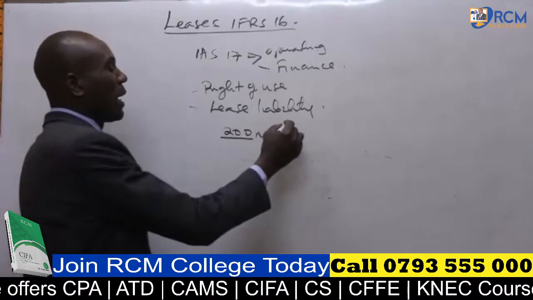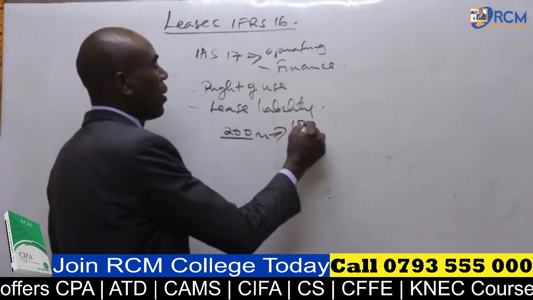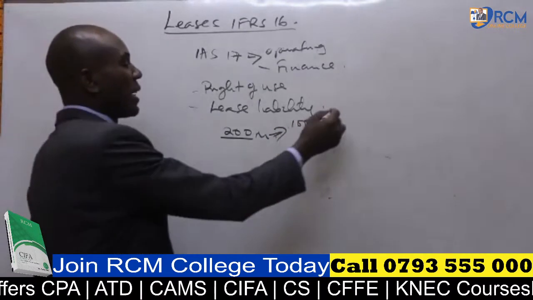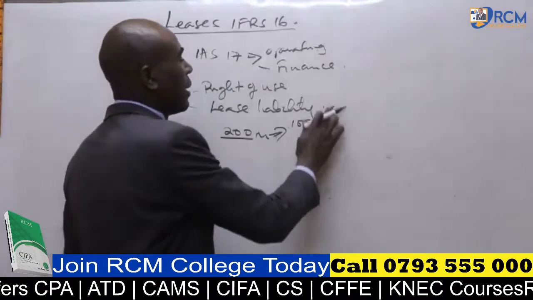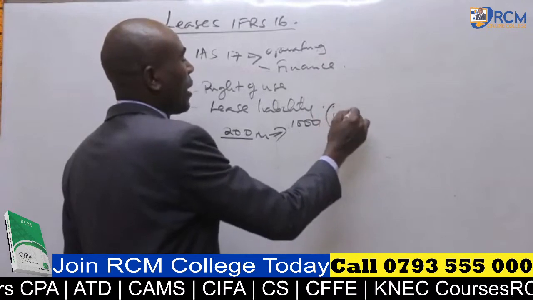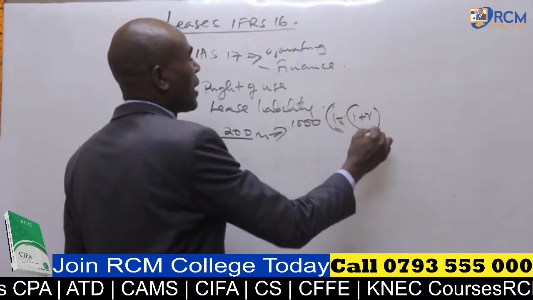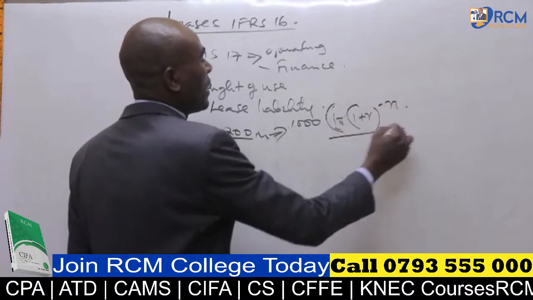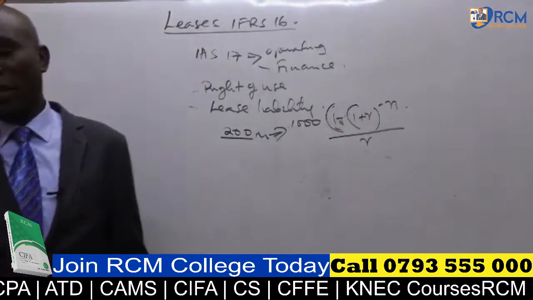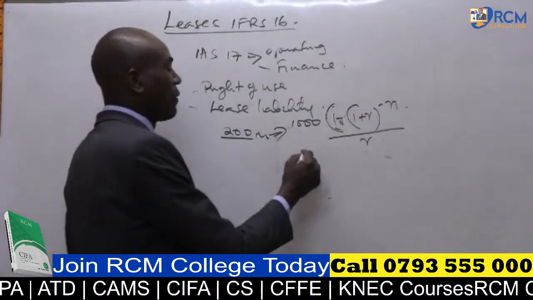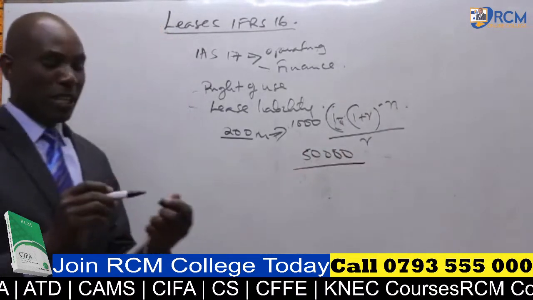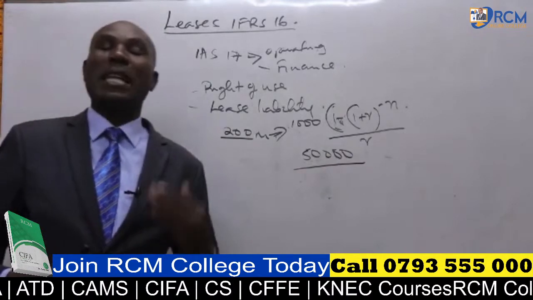For example, I'm paying 1 million annually for 10 years. Therefore, I will discount this using 1 minus (1 plus r) raised to negative n, divided by r. I discount that to the present value, then maybe I get something like 50 million. Therefore, that 50 million now becomes the lease liability.